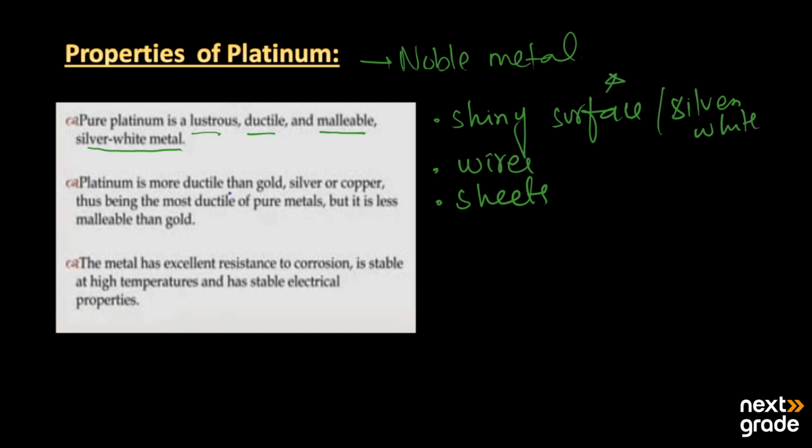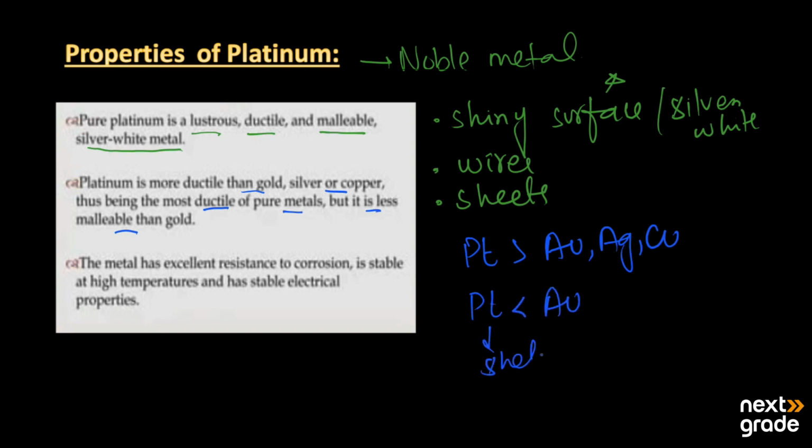Then platinum is more ductile than gold. If we talk about ductility, platinum is more ductile as compared to gold, silver, and copper, thus being the most ductile of the pure metals, but it is less malleable than gold. Malleability means how readily it forms sheets.